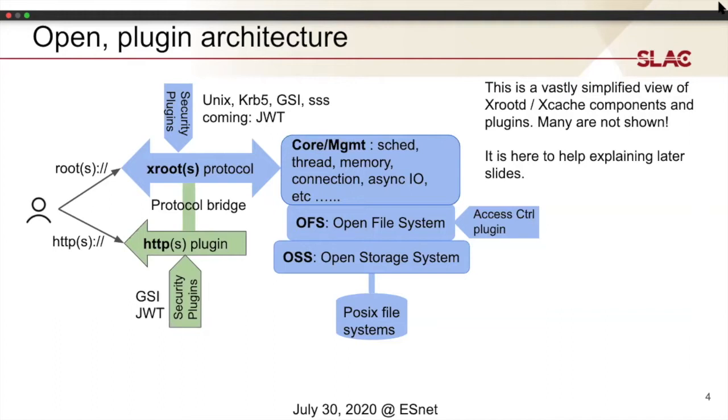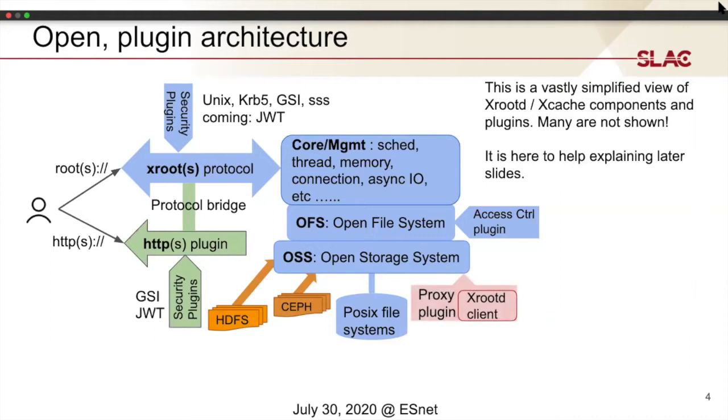So to expand support for other storage systems, we added some plugins to the OSS layer, which allowed us to talk to CEPH, allowed us to talk to HDFS, along with the POSIX file systems. If you look at all these plugins to OSS, they are essentially plugging into local or near storage systems. So what about data at a remote location?